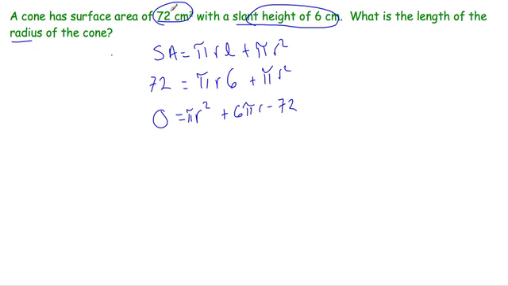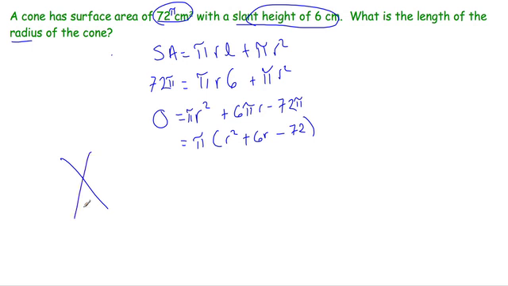All right. So let's do this here. We got the greatest common factor. We need to take a pi out. So we have r squared plus 6r minus 72.